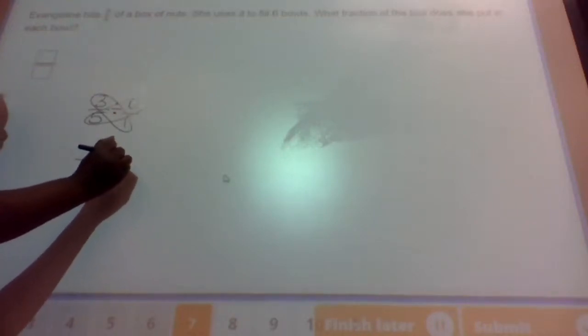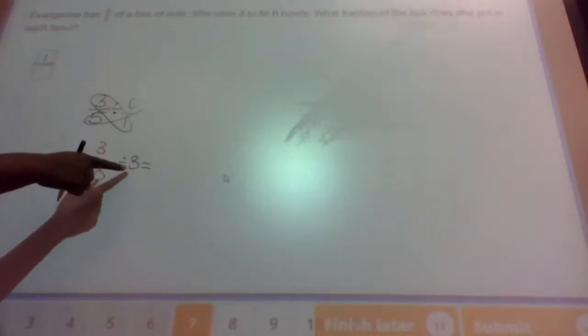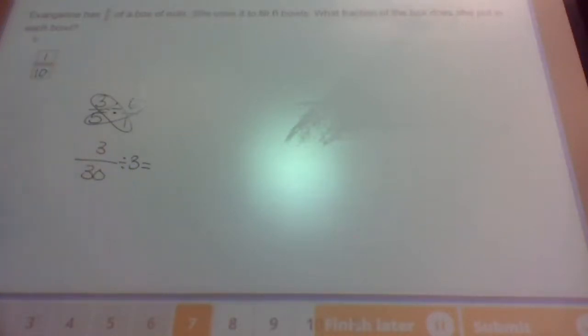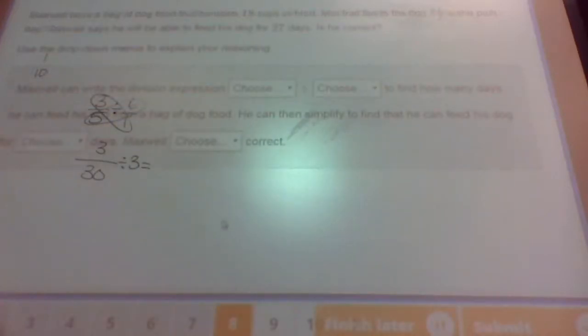And 6 times 5 is 30. Now what can go into 3 and 30? 3. How many 3s are in 3? 1. How many 3s are in 30? 10. Okay, so that's my answer, 1/10. 1/10 of a box. All right, number 8.